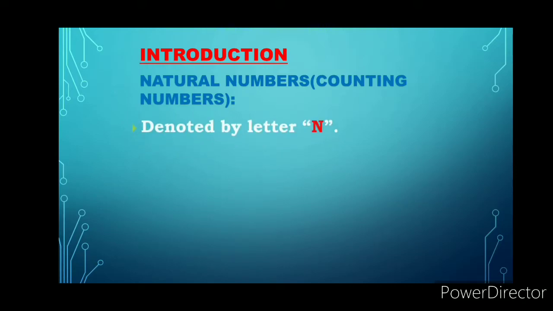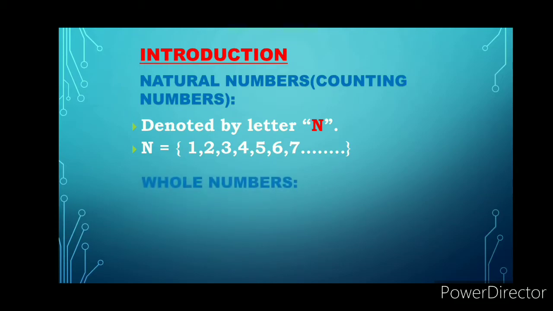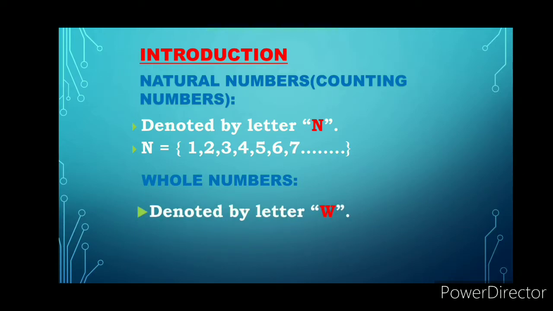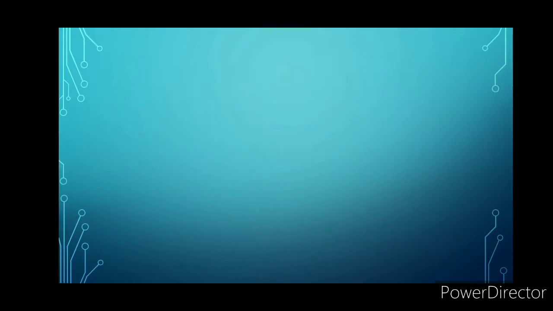Natural numbers are denoted by the capital letter N. The set of natural numbers can be written as 1, 2, 3, 4, 5, 6, 7, etc. In the same way, whole numbers are denoted by the letter W. The set of whole numbers can be written as W equals 0, 1, 2, 3, 4, etc. Children, copy this definition to your maths classwork.